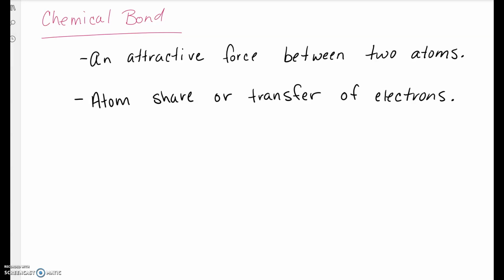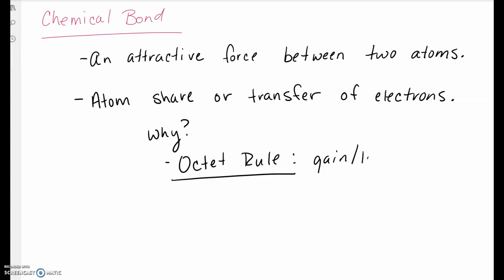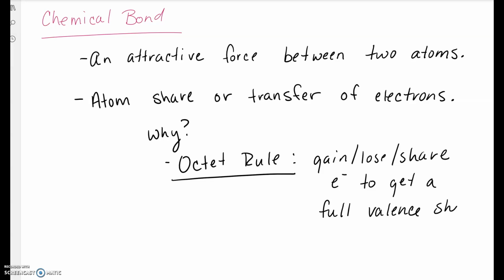Okay, and why does this happen? Well, it really comes down to the octet rule. Remember when we were learning about ions, we said that atoms will gain, lose, or share electrons to get a full valence shell. And a full valence shell is 8 valence electrons.